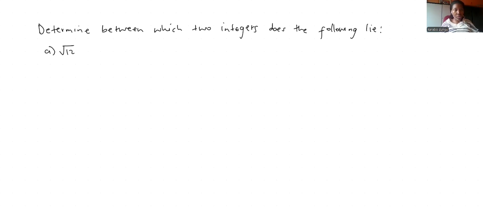The first thing you're going to do is write the number 12 down, and then you say, because this is a square root, you would want to find two numbers that are perfect squares, which 12 lies in between.